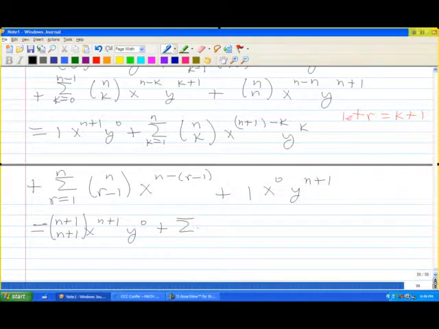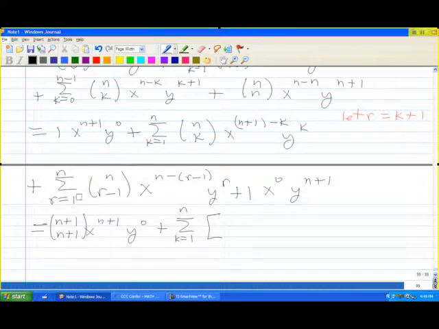now this is the sum. Why did I forget the last term, which is k plus 1, which is r? Okay, plus the sum, k equaling 1 to n. Notice that r is a dummy index, so I can think of it as being the same as k.